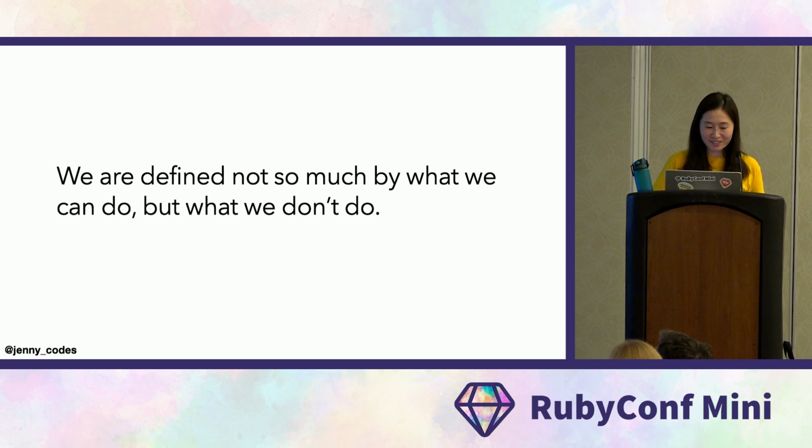I'm just going to read this. We are defined not so much by what we can do, but by what we don't do. And this is a message we want to send. But what does that mean? Decades ago, a lot of people shifted from the procedural programming paradigm to OO because we realized that as convenient as it is, GoTo is probably not a good idea, and neither are global states.